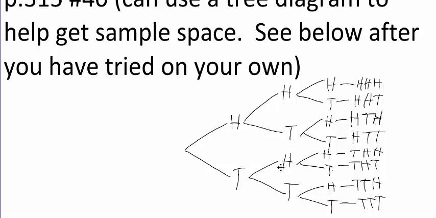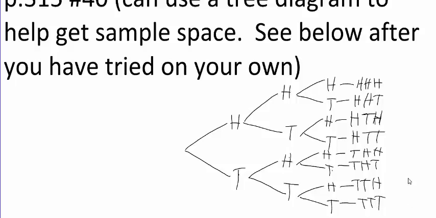If you had tails the first time, you could get heads or tails. And then you have a third flip. So here at the end, this is our sample space. So you could get all 3 heads, heads, heads, tails, heads, tails, heads, heads, tails, tails, tails, heads, heads, and so on. So there are 8 possible outcomes in our sample space.